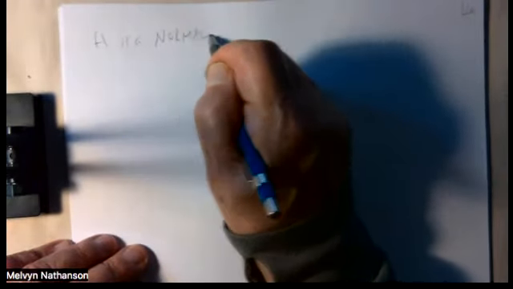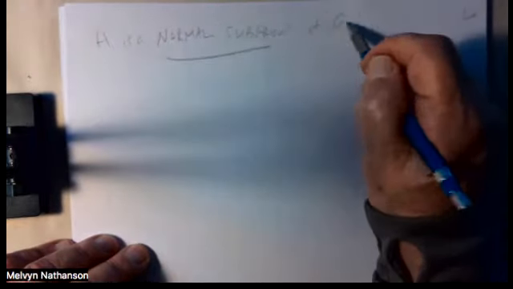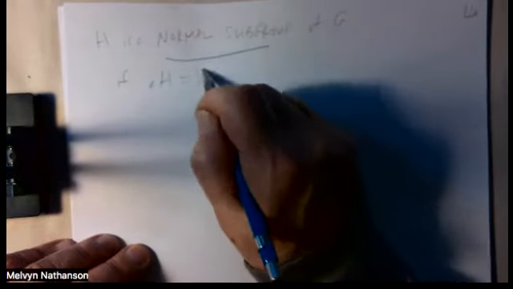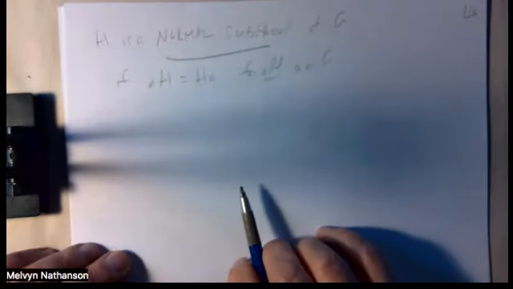It would be nice if that were true, but it's not always true. If it is true, though, it really is very nice. And we give such subgroups a name. We say that H is a normal subgroup of the group G if the left coset of H equals the right coset of H for all elements in the group. So if every right coset is a left coset, the subgroup is called normal.